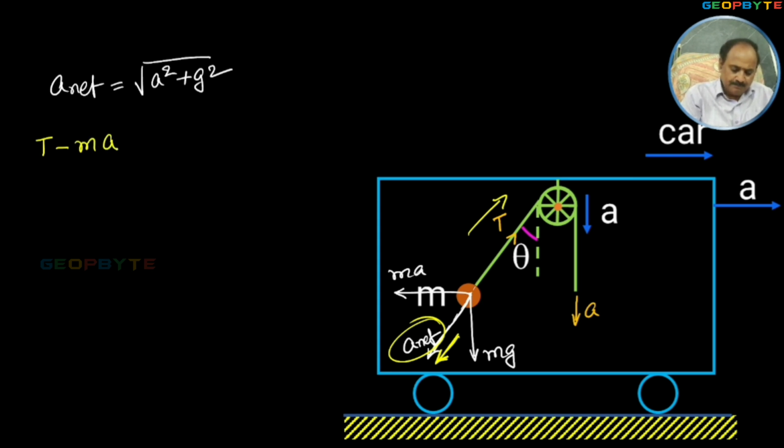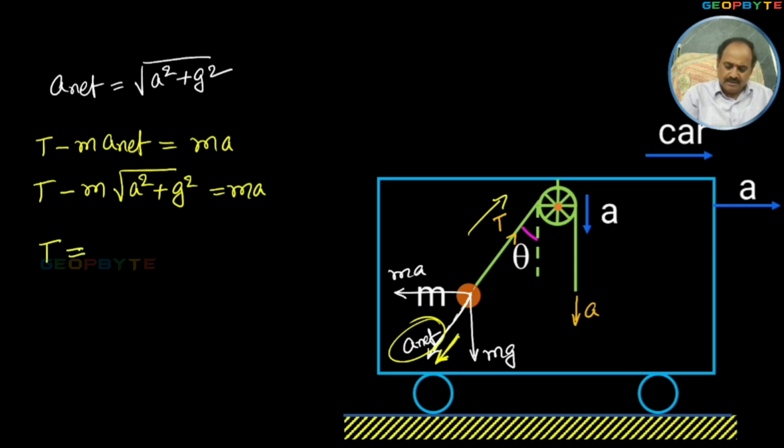Mass times the net acceleration, that is the net force. According to Newton's second law, this net force must be equal to mass times the acceleration. So T minus m into net acceleration, which is root of A square plus g square, is equal to mass times the acceleration.